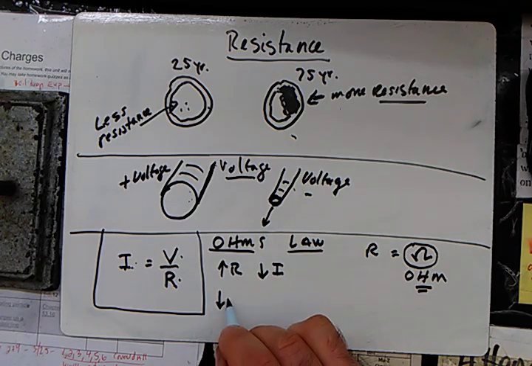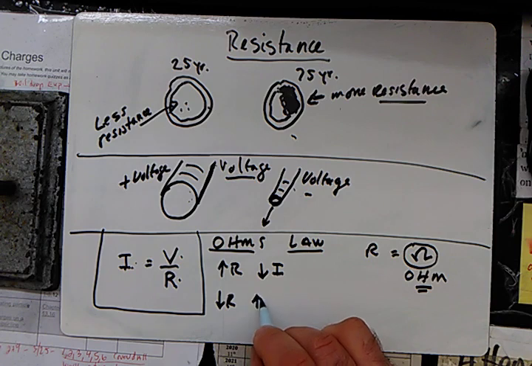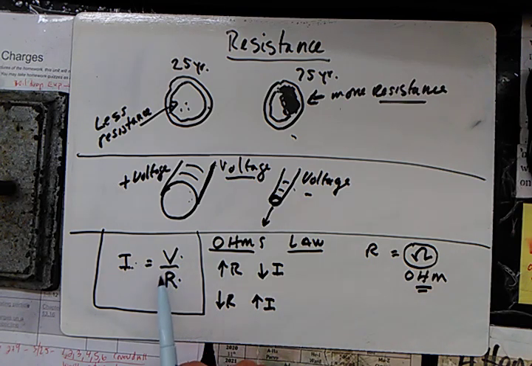Okay, the lower the resistance, the higher the current. So the resistance is a limiting factor here. Okay, so we're going to take a look at some problems there, and I hope that you can understand electricity in terms of water flow. It's the best way to do it because electrons are very hard to imagine.